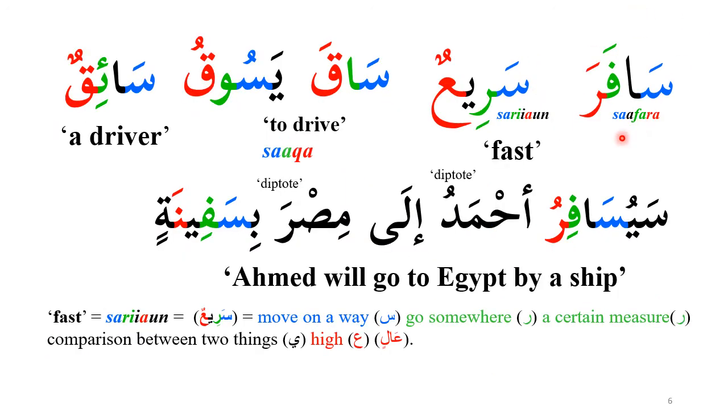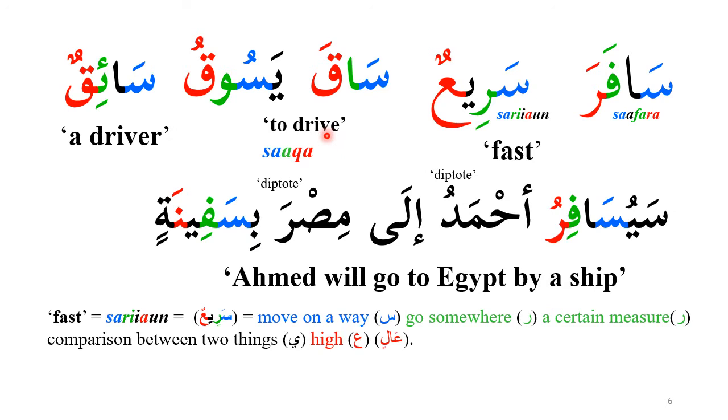Many of these other terms will have this sin ra, or sin and some other letter like ra. So safara means to travel, but sariun means to be fast. How? Sin ra, for go somewhere a certain distance, and ain is alin, high, so very high movement, that is going very fast. So it's easy to understand.